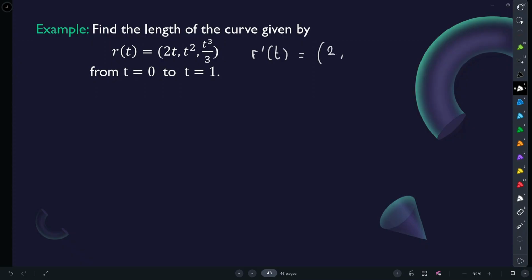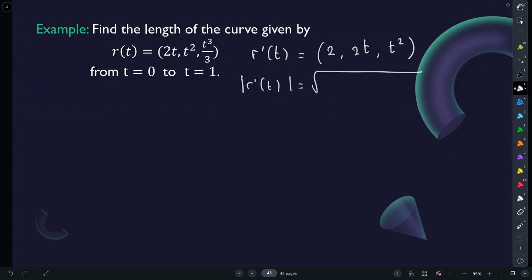The derivative will be 2, 2t, and 3t squared divided by 2, so t squared. I have to find the length of this vector. Let me do that separately before I go into the integral sign.